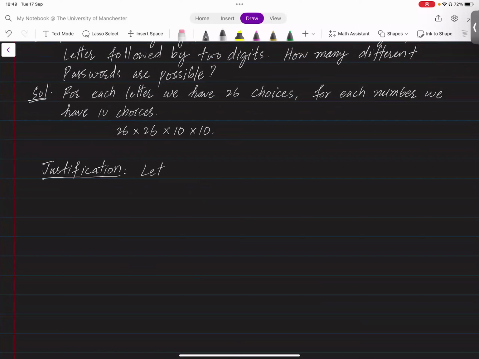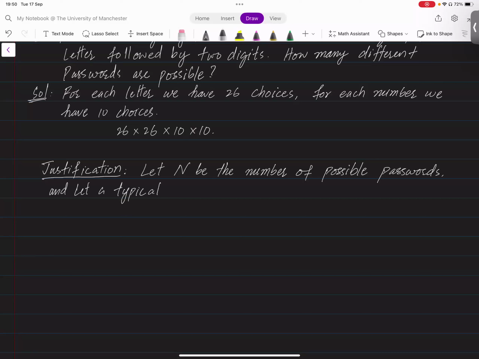Let n be the number of possible passwords, and let a typical password be P, that is alpha, beta, gamma, delta, where alpha, beta are letters and gamma, delta are digits.